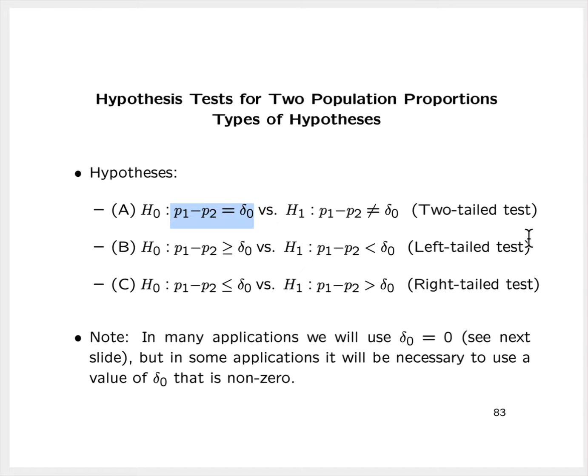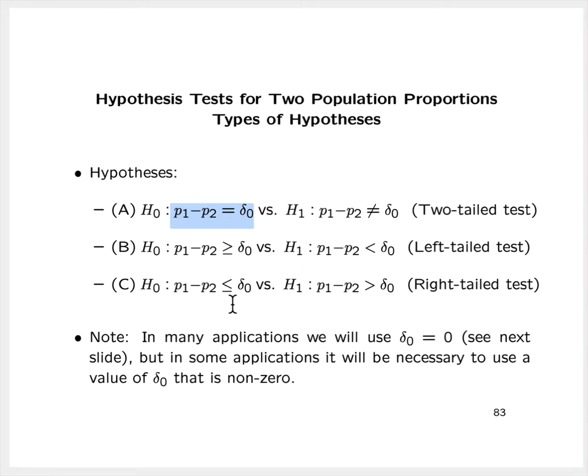For the left-tailed test, hypothesis B, the null hypothesis is that the difference in the population proportions is at least as large as delta 0, versus the alternative hypothesis, which says that the difference between the population proportions is less than delta 0.